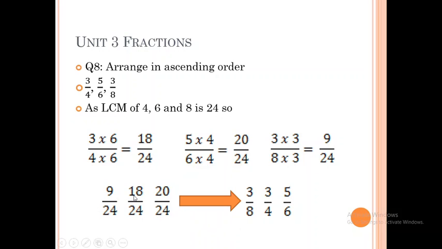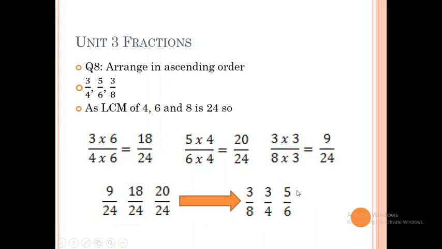The next is 18 by 24. So what is 18 by 24 here? It is 3 by 4. So the next one is 3 by 4. And the largest or the greatest fraction is 20 by 24, and 20 by 24 is actually 5 by 6. So this is the largest one. This is the ascending order of the given fractions.